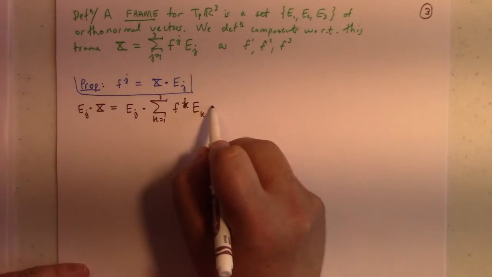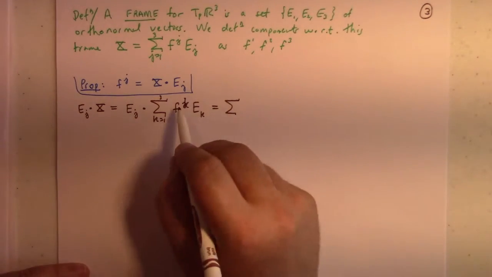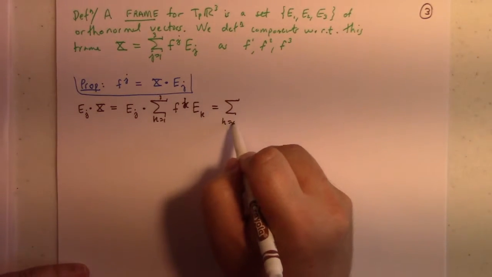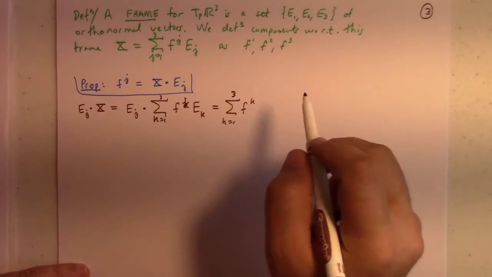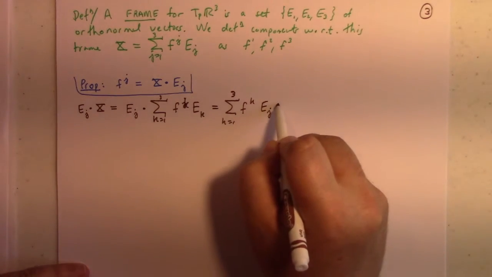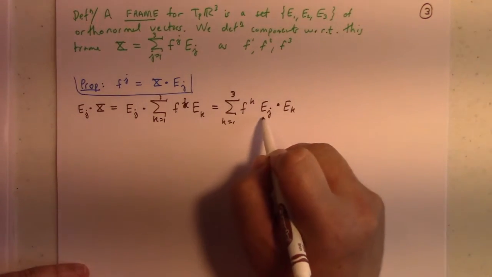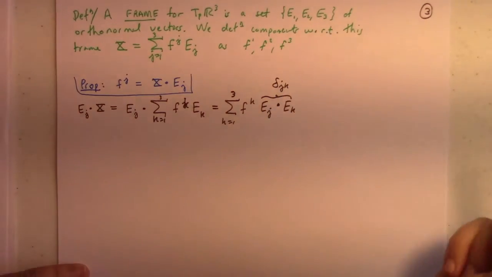By the distributive property of the dot product, I can bring the summation outside, and I can bring the scalars, the f upper k's, outside, and then I have e j dot e k. Now this is exactly the Kronecker delta jk because it's an orthonormal basis.